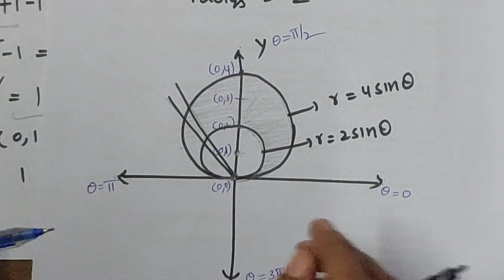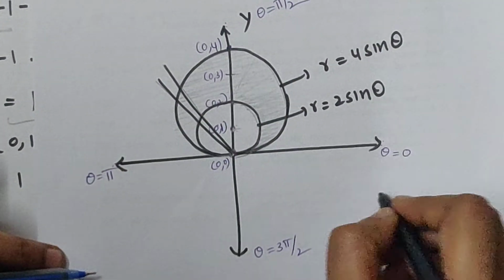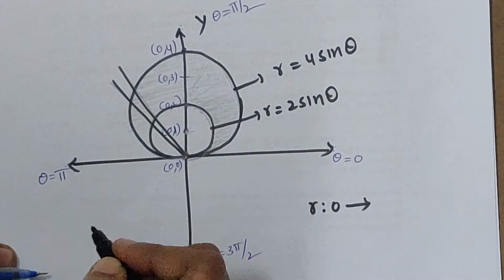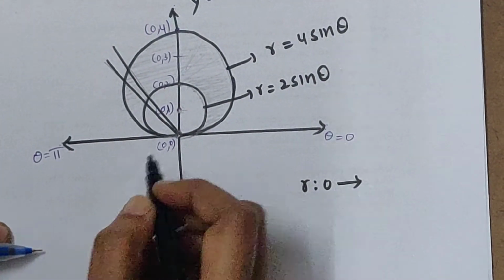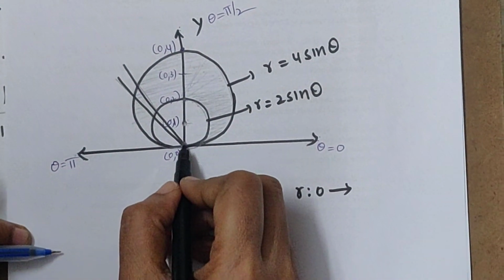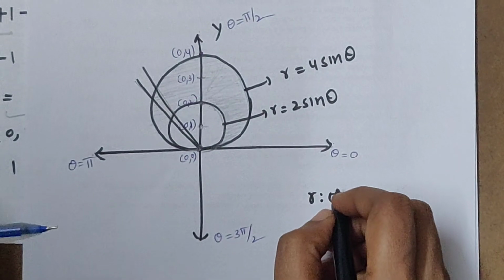So the radius vector starts from the origin, that means in polar we will get r and theta limits. At the pole, r is the magnitude, and at the pole the magnitude is 0.